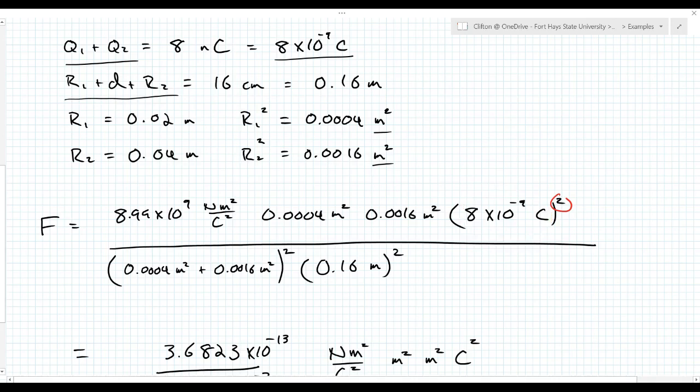In the denominator, I have R1 squared plus R2 squared, and then that needs to be squared. And then this is R1 plus D plus R2, and then that is going to have to be squared. So notice that I wrote down all of the units here so that I can collect them all together and make sure that the final answer is going to be in newtons.